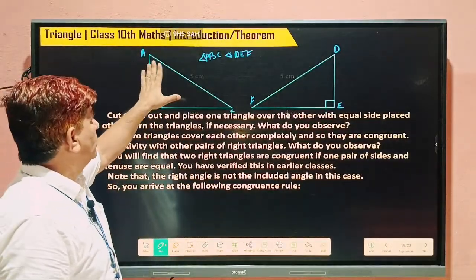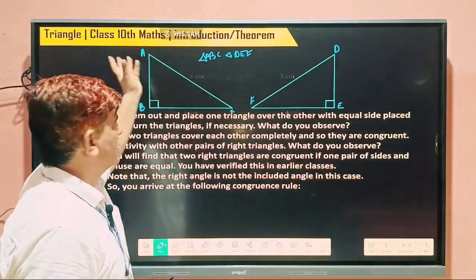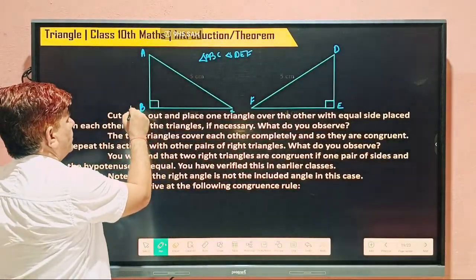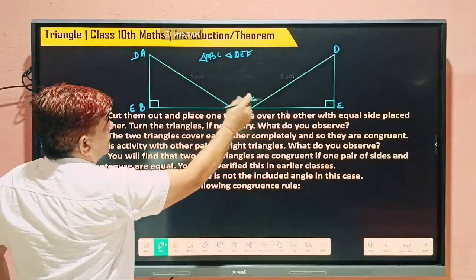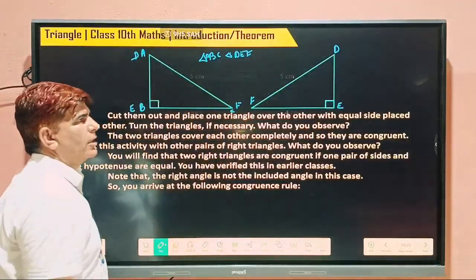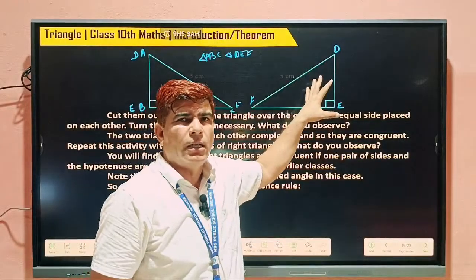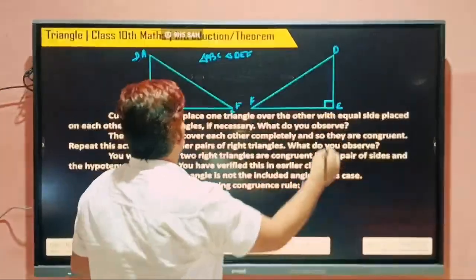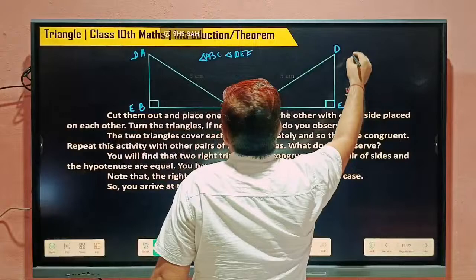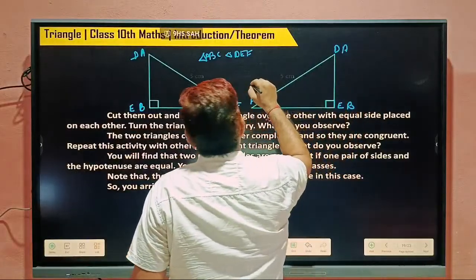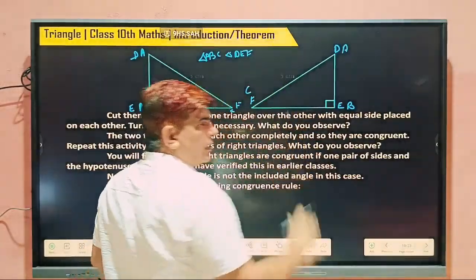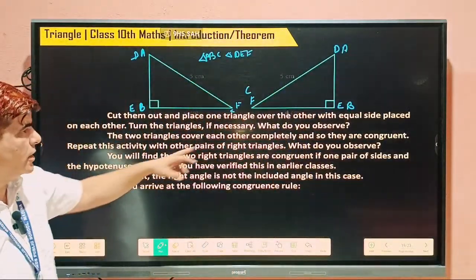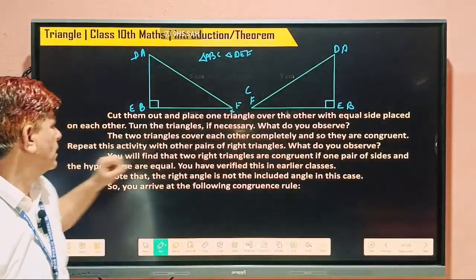If we put this triangle on this triangle, E coming here, B coming here, and F coming here, then this triangle is completely covered by this triangle. And same process here, if we take B here, A here, and C here, then this triangle is also completely covered. So each triangle is completely covered, and so they are congruent.